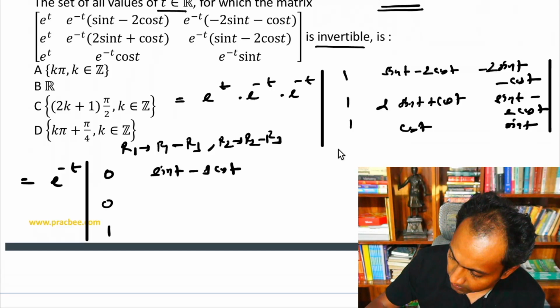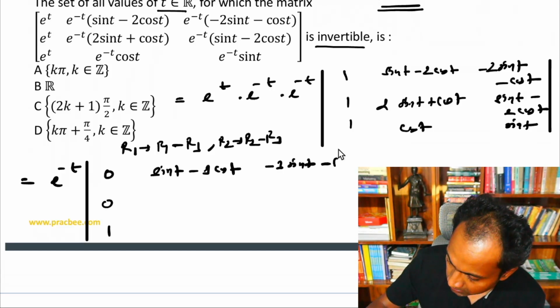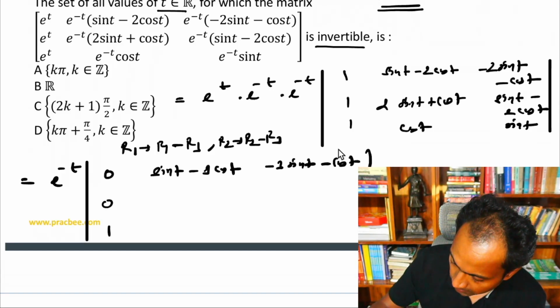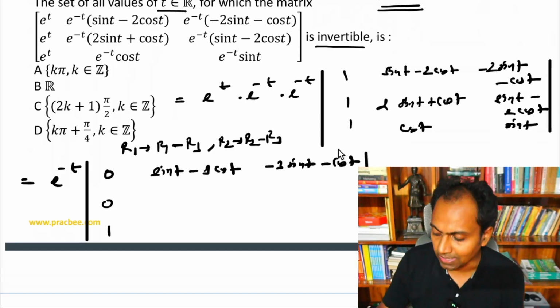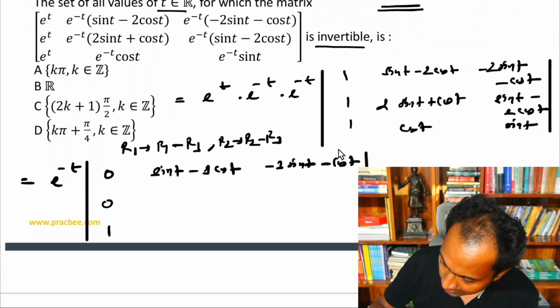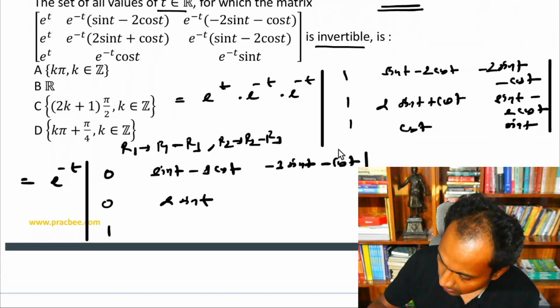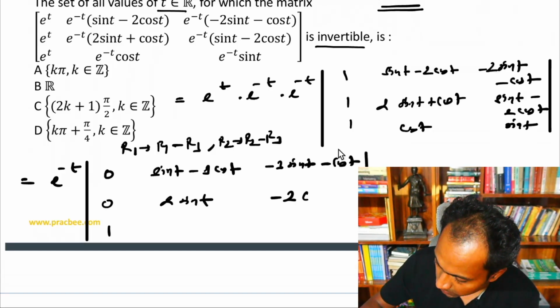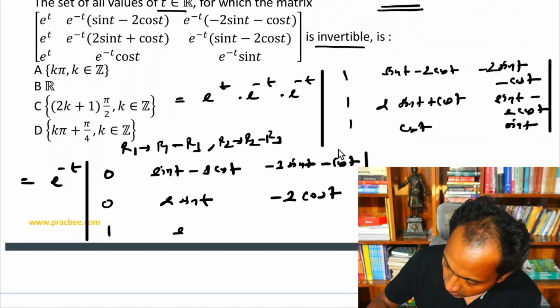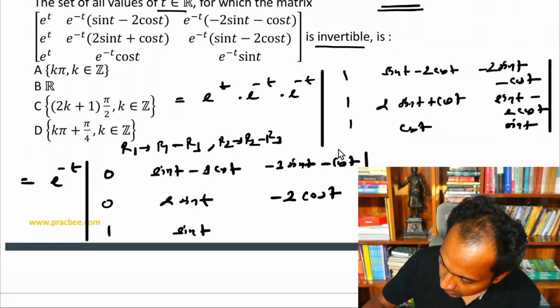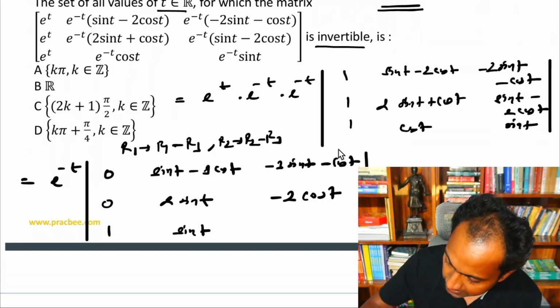The next will become nothing but minus 3 sin t minus cos t. And then in the second row, what we are left with is 2 sin t and minus 2 cos t. Then what we have is sin t and cos t and sin t.